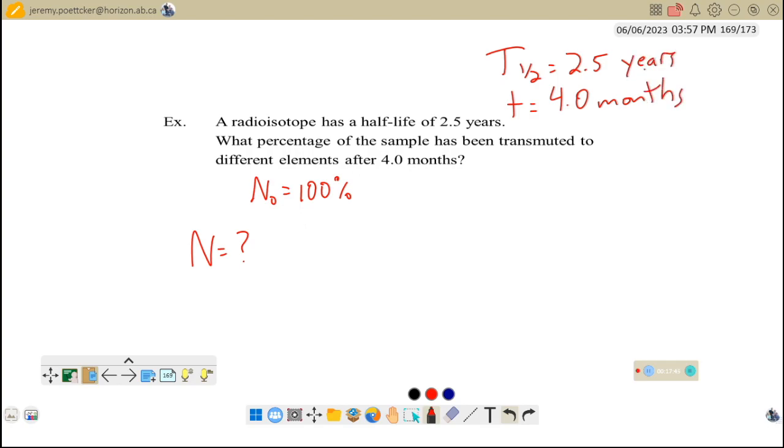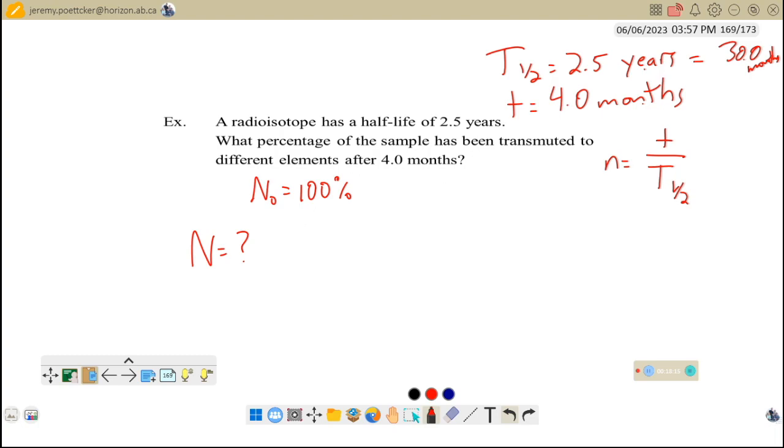Note that years and months are not the same unit. So how do we change years into months? Well, we multiply by 12. So 2.5 years is the same as, if I recall correctly, 30 months. All right, so the number of half-lives then, n, is equal to the time of the experiment divided by the half-life.